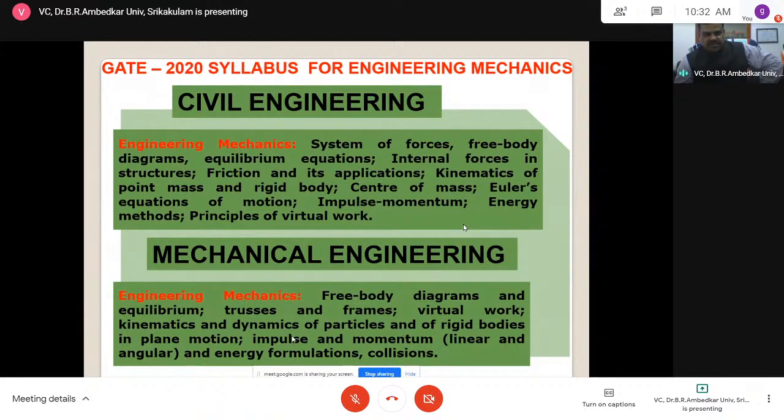Whereas if you see the mechanical engineering syllabus, kinematics and dynamics of a particle. Kinematics we discussed yesterday. Now today we are going to discuss the dynamics of particles and a rigid body in linear, angular and plane motion, a combination of translation and rotation, etc. We have to concentrate on Newton's laws, D'Alembert's principle, moment impulse, work energy methods, and energy formulations.